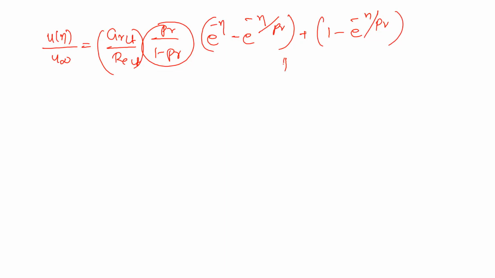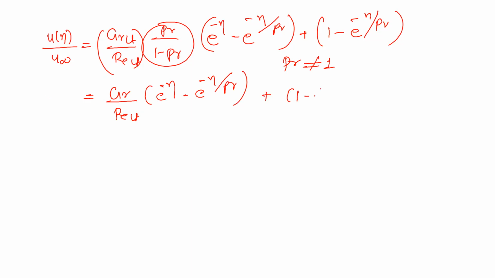This is for Pr not equal to 1. If Pr equals 1, then this simply reduces to Gr by Re_LT into e raised to minus eta, plus 1 minus e raised to minus eta, for Pr equal to 1.